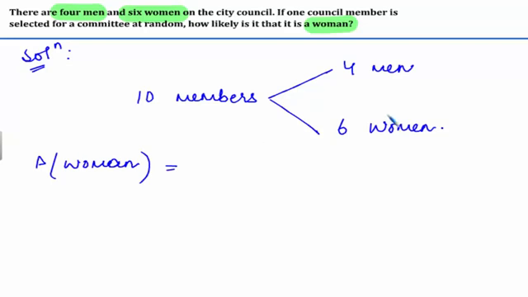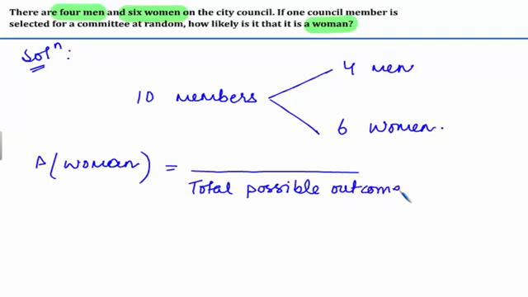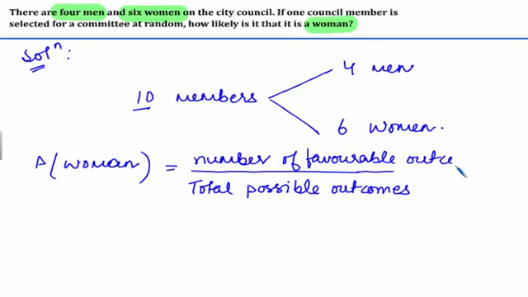So here we can see that the total possible outcomes is the total number of members in the city council, which is equal to 10, and the number of favorable outcomes such that a woman is selected is equal to 6.